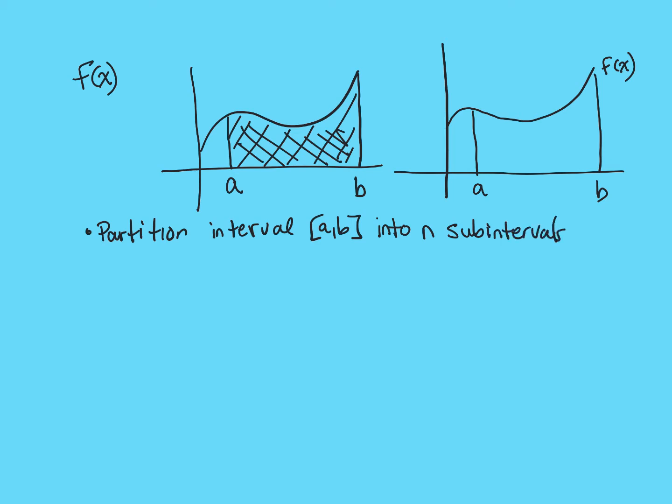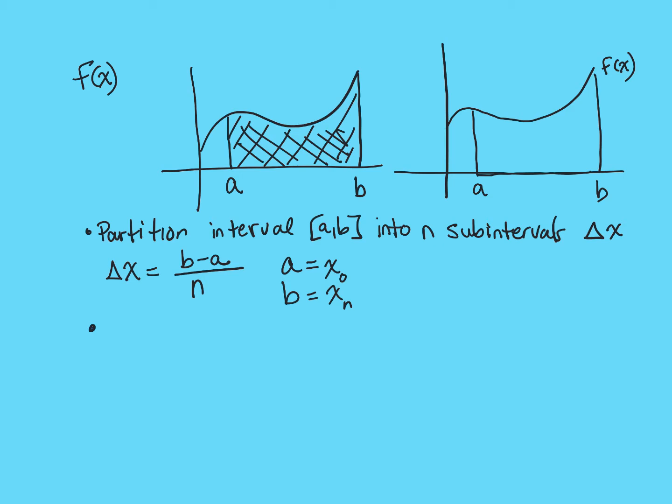So in this particular case, each subinterval is going to be delta x. Delta x is going to be b minus a, that's the total distance from A to B, divided by n. Here, a is going to be our x sub 0, and b is going to be our x sub n.